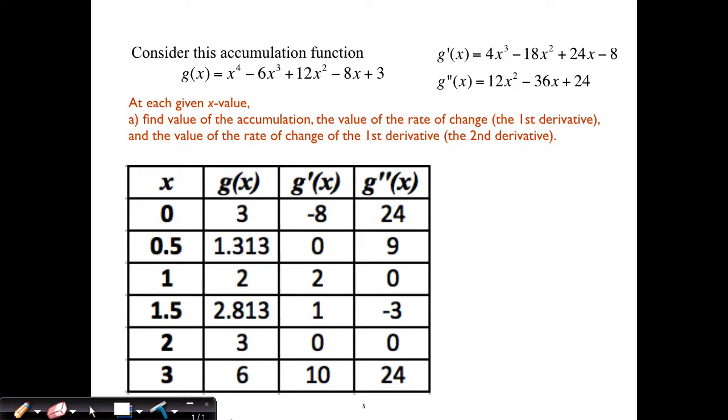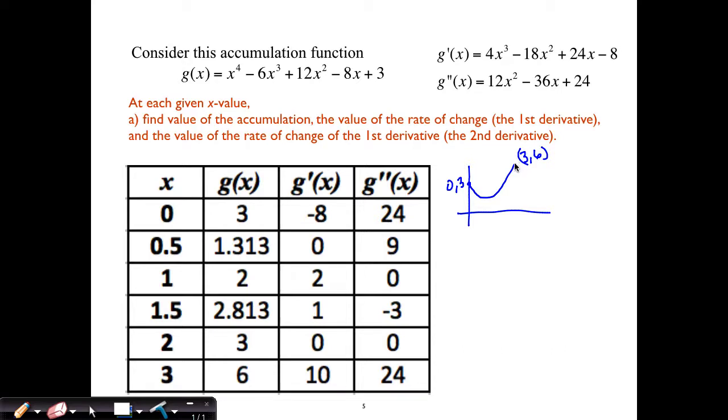If I only had this first column, I'd say it starts at 3, goes down a little bit, and then goes up. So instead of ending at 0, 3, maybe it goes all the way up to 3, 6, and it hits a low spot in the middle.